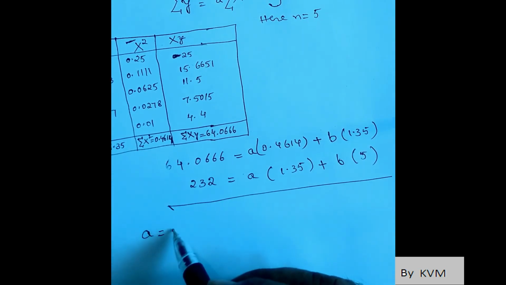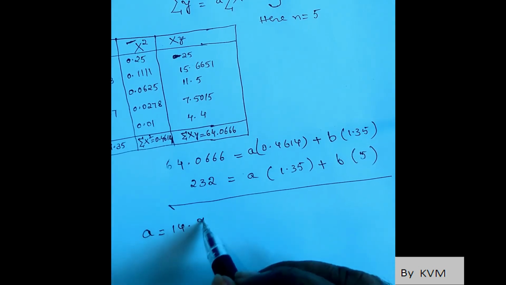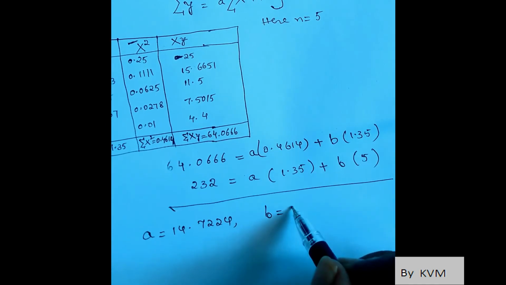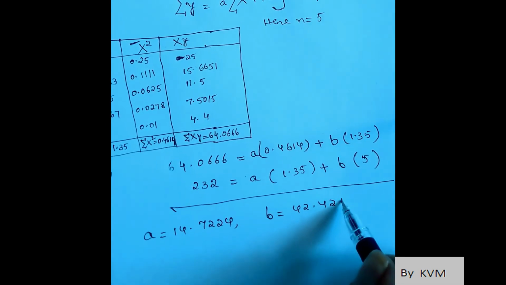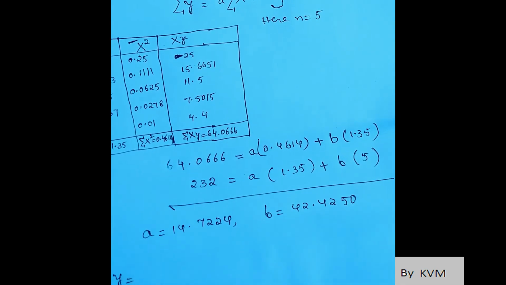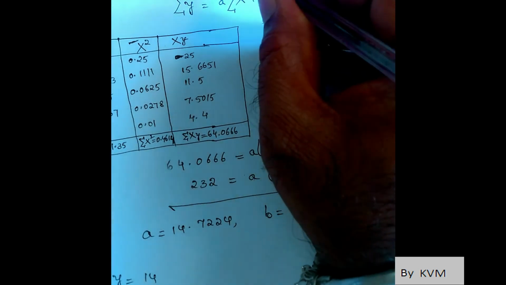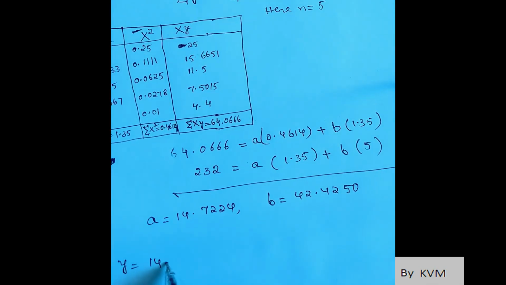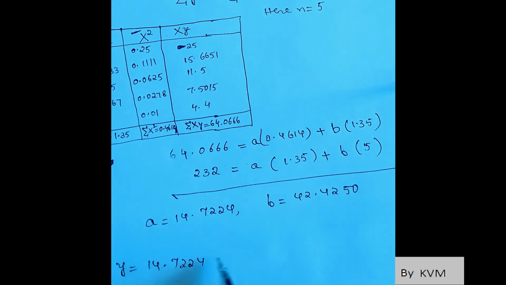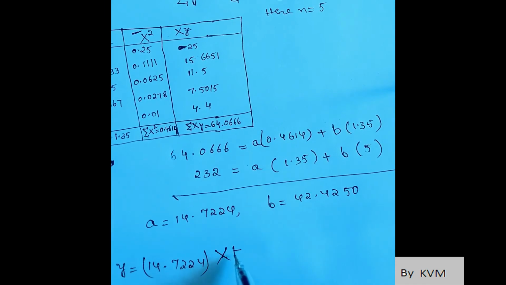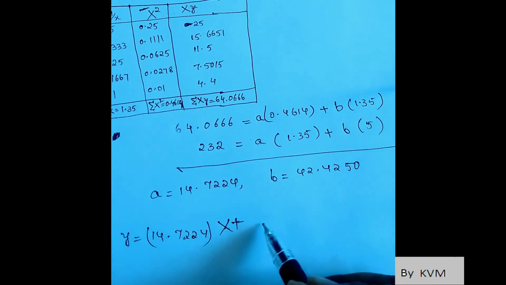a equals 14.7224 and b equals 42.4250. So therefore, substitute in this equation, y equals a into capital X plus b. So y equals 14.7224 into capital X plus b.